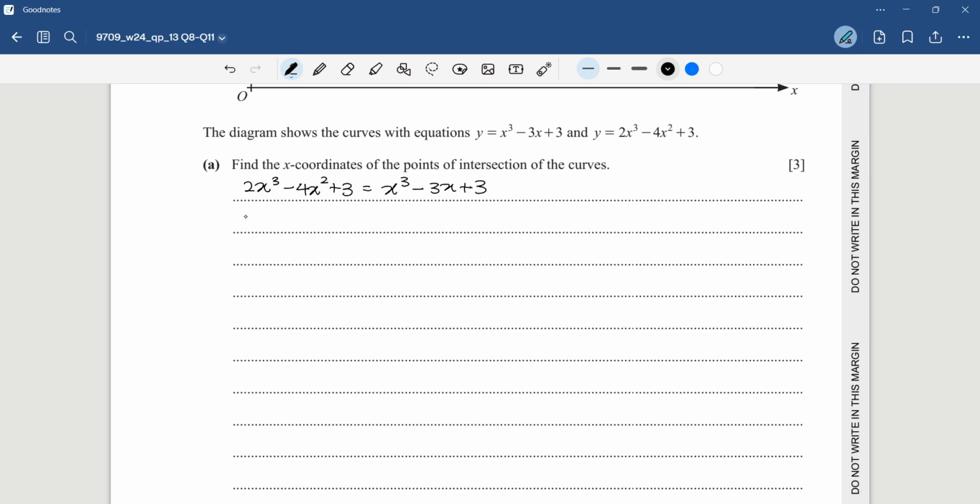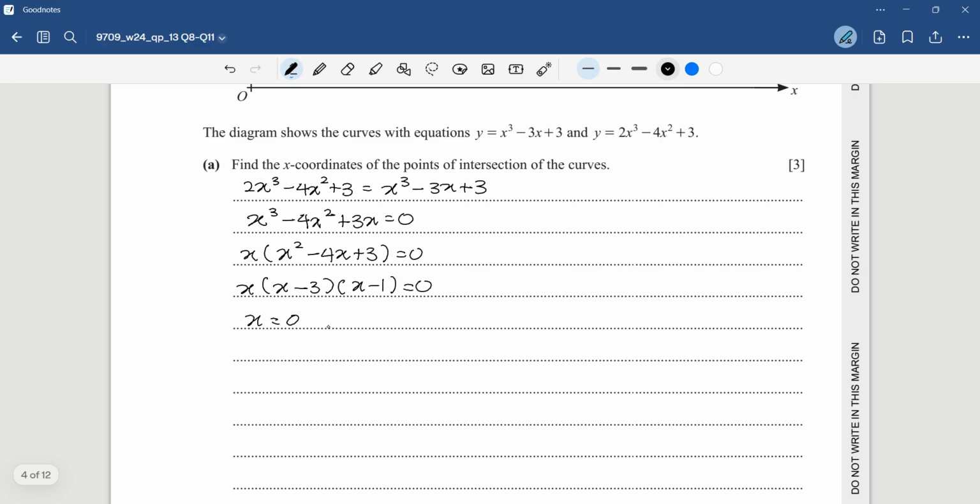So we rearrange, so it's going to be x³ − 4x² + 3x equivalent to 0. So x² − 4x + 3 equivalent to 0. So (x − 3)(x − 1) equal to 0.